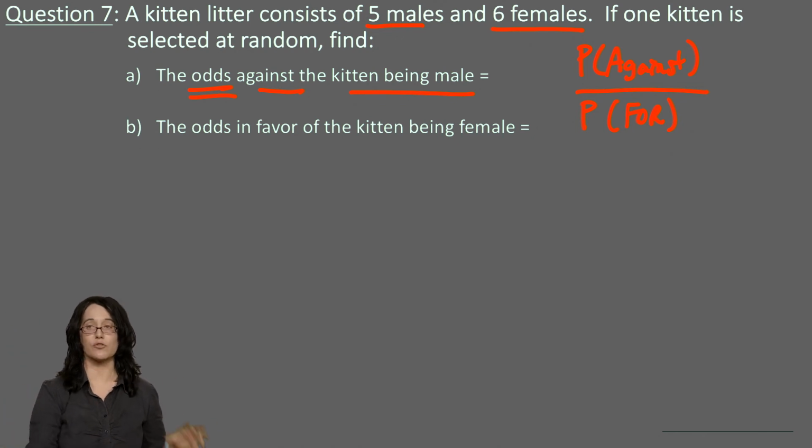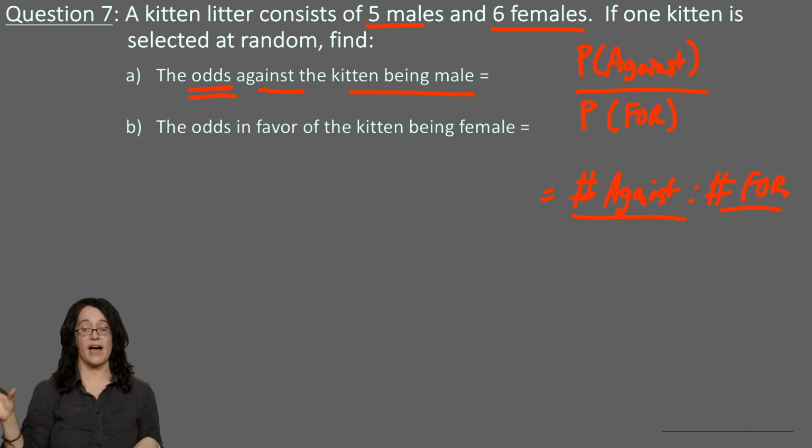And then you could also just reduce and notice that this just turns out to be the number of ways that are against, and then the colon, the number of ways that are for. That was our little shortcut, remember? So in this situation, for example, we noticed that if there are 5 males and 6 females, there are 11 altogether.